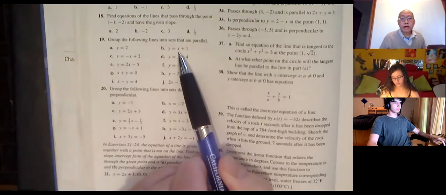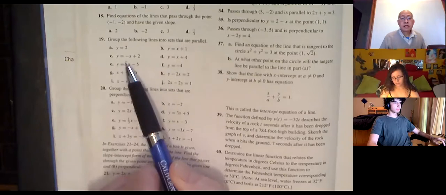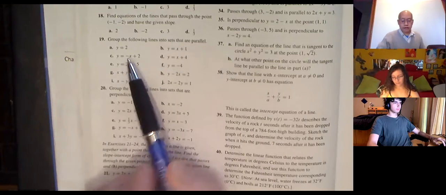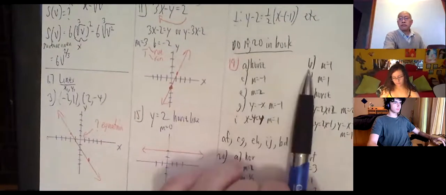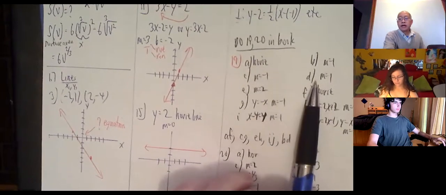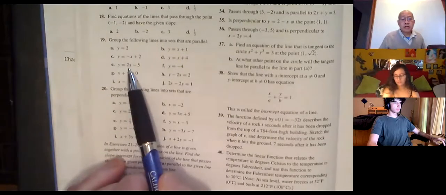B, slope is 1. D, slope is 1. C, slope is -1. Right, you just look at the coefficient of x, the number in front. Okay, so I now have A is horizontal, B, m equals 1, C, m equals -1, and D, m equals 1. I have F is horizontal. E, the slope is 2.